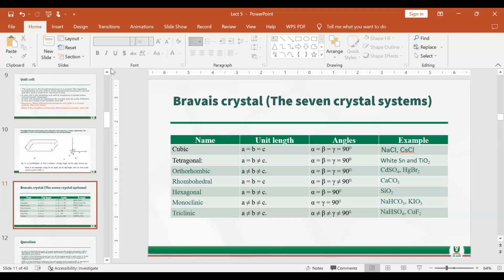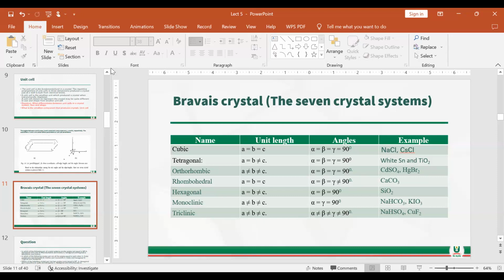And we have the next one, the hexagonal crystal. Only 2 sides are equal, and it has 2 angles, alpha and beta, equal to 90 degrees. Now we move to monoclinic. In monoclinic, none of the sides are equal, but two angles are equal to 90 degrees.